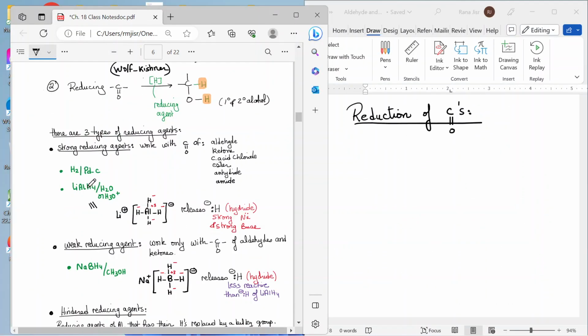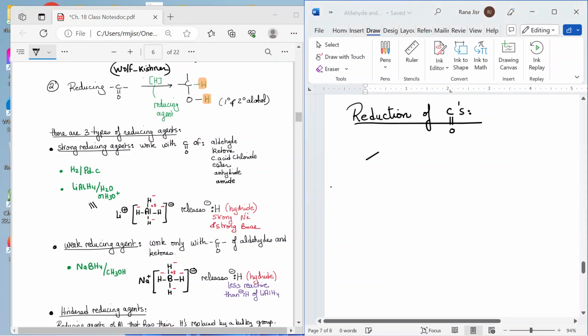Another strong reducing agent, in addition to lithium aluminum hydride, is hydrogen in the presence of PDC. This one acts exactly the same, but you're not responsible for the mechanism for it. Let's say you have a ketone carbonyl that you want to reduce.